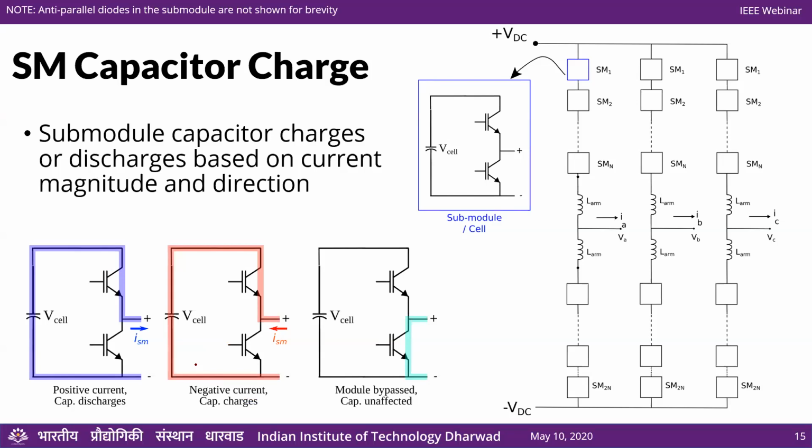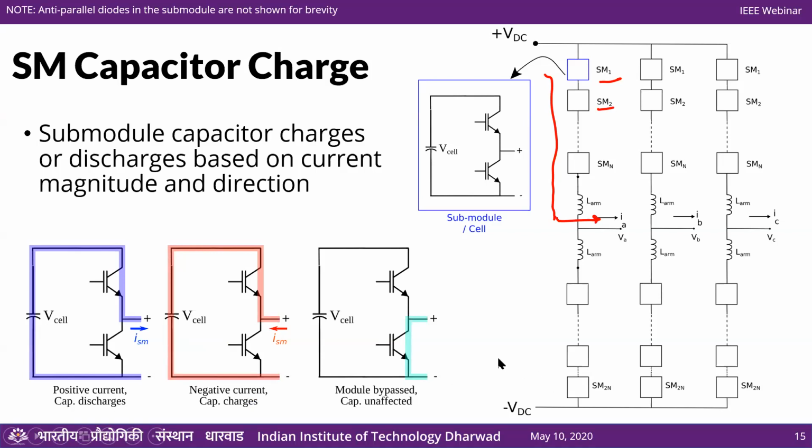Okay. So now, of course, there's a capacitor, so it can charge or discharge. What's going to happen is that when a current flows through this branch here, it flows through all of the submodules. The same current flows through SM1, the same current flows through SM2, and so on and so forth. But depending on the state of the module, depending on whether the module is on or off, there are three possibilities.